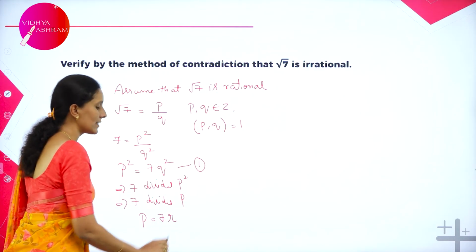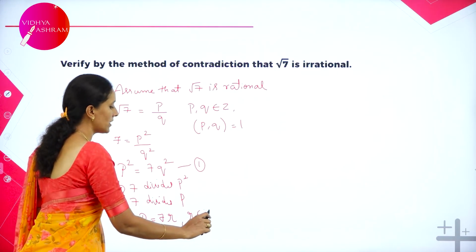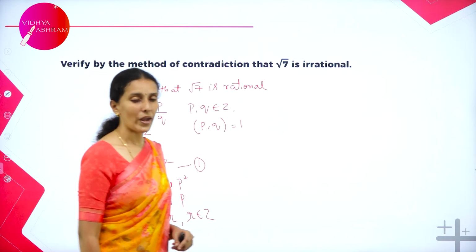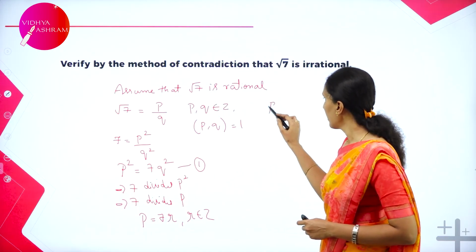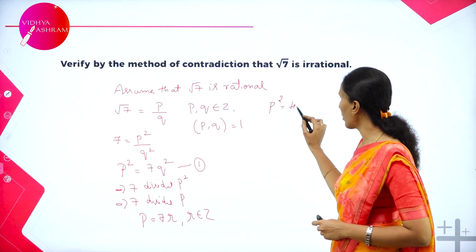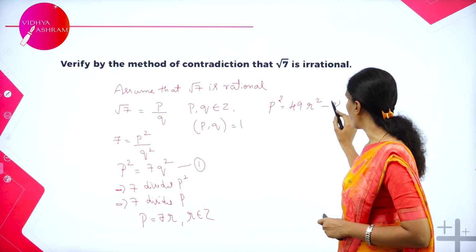Let me take it as 7 into R, where R belongs to the set of integers. Now square on both sides. So we get P square is equal to 49 R square. Take this as equation 2.